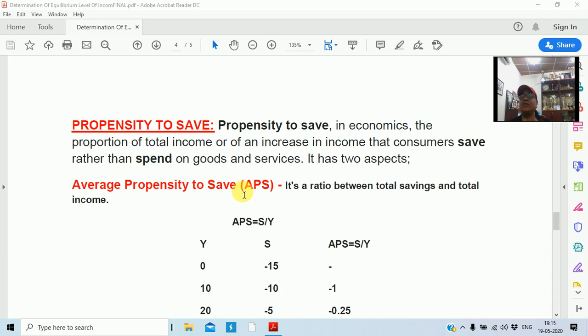So APS talks about the percentage of income saved in an economy. If your income is 1 crore and your APS is 0.6, it means 60%, 60 lakh of 1 crore is saved. So how much is the expenditure on consumption? 40 lakh, right? So APS tells us the amount of saving out of income in terms of percentage.